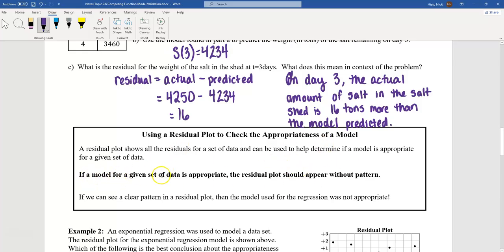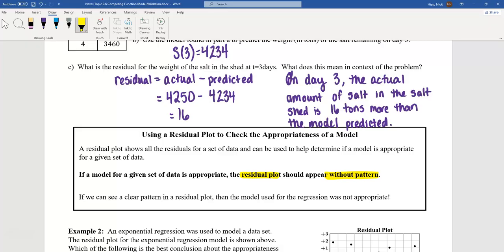If a model for a given data set is appropriate, the residual plot should appear without pattern. Okay, residual plot without pattern. If you can see a clear pattern in the residual plot, the model used was not appropriate.